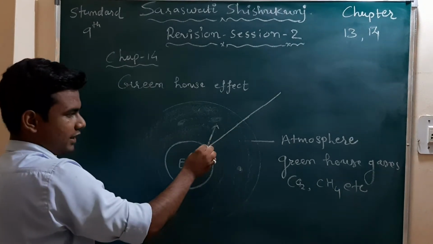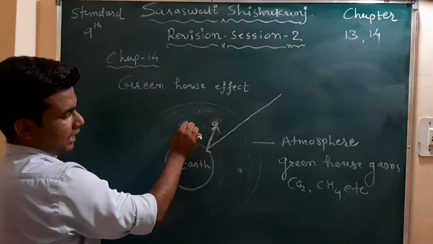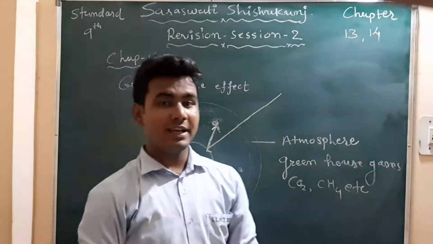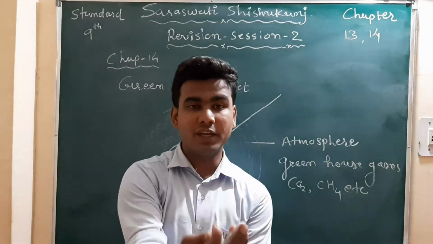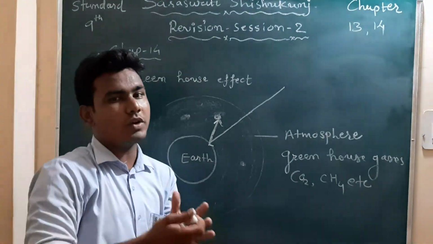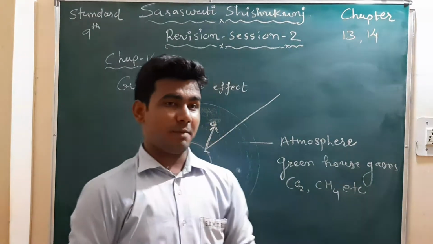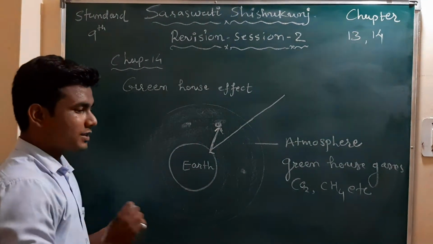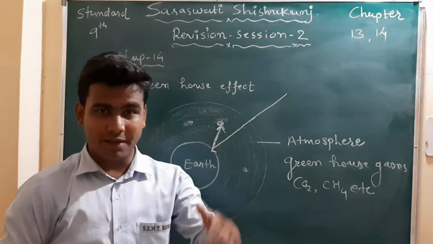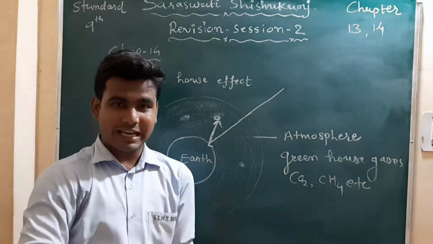Why? Because the heat wave bounced back, but due to these greenhouse gases, the temperature of our atmosphere will increase. And as the temperature of the atmosphere increases, the temperature of the Earth will also increase. And by increasing this temperature, what will happen? Simple, the water bodies will not remain at their level. The ice of glaciers will start melting.